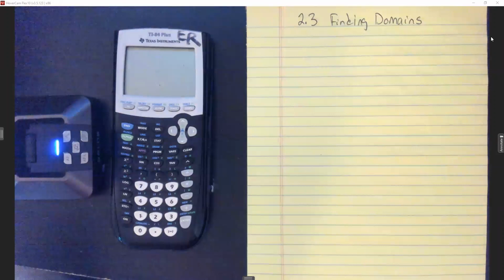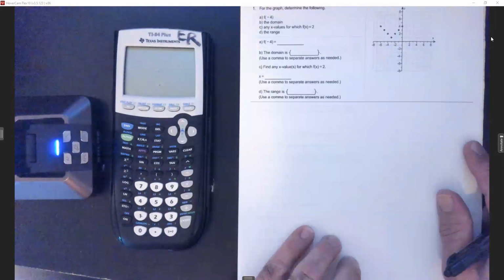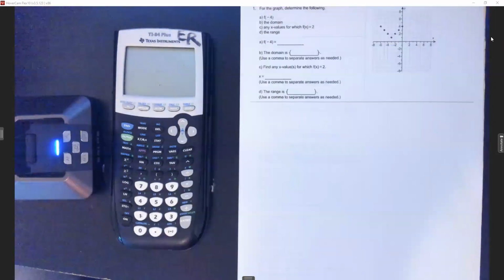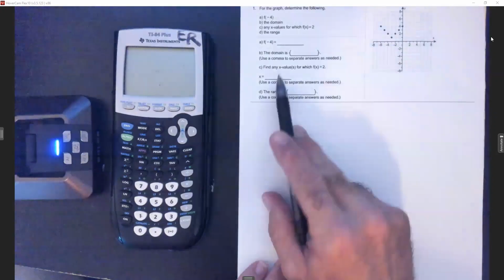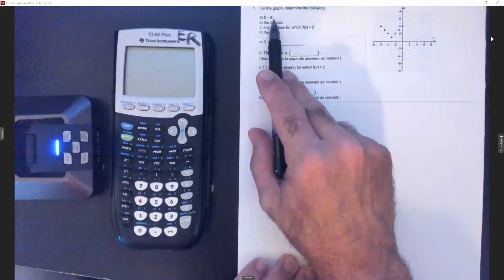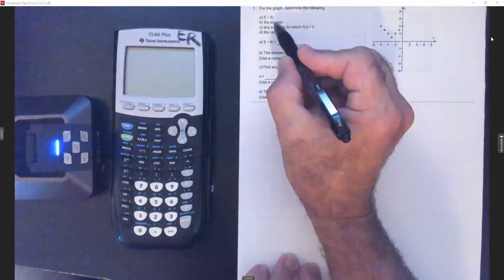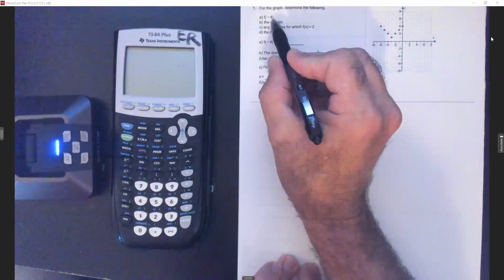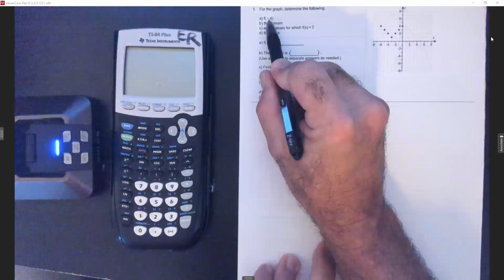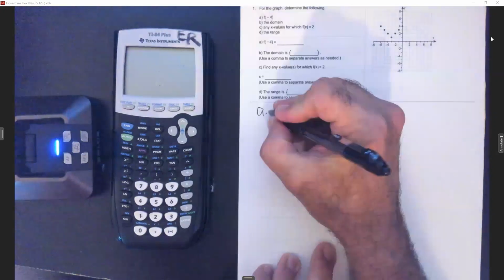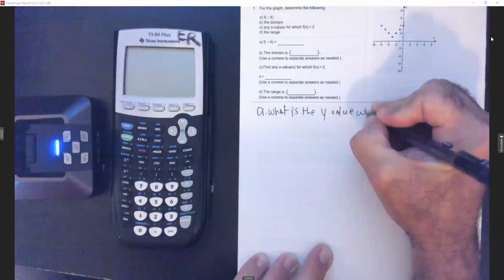So for this first one, I'm going to put this picture up here because it's hard to draw. Can y'all see the picture pretty good? Notice they've got four questions they want us to do. First, they want us to find f of -4. Now notice, they're not giving us an equation to use. So what they want to know is, what is the y value when x equals -4?